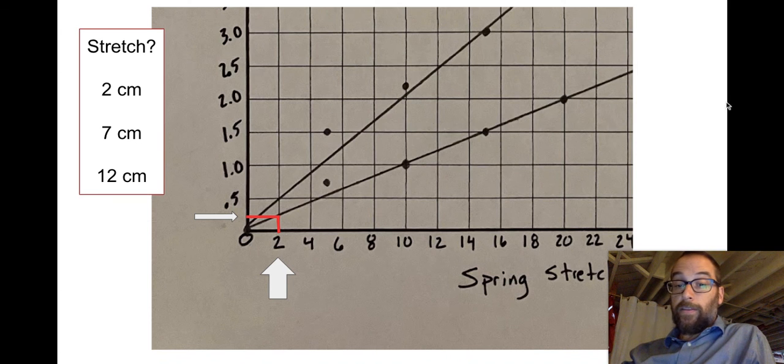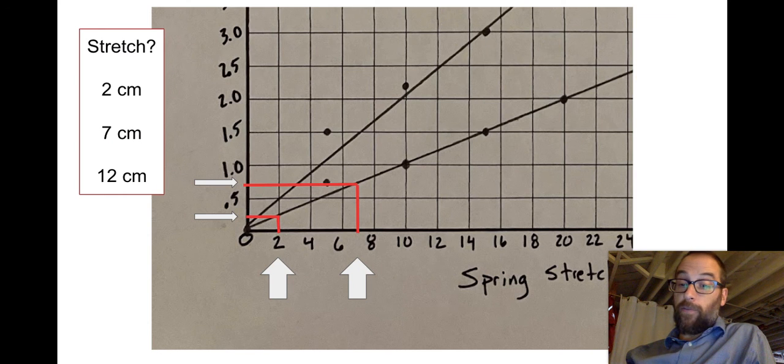All right, same thing is true for the 7 centimeter stretch. Find 7 on the x, go up to the line, go left over to the y-axis. Where you hit the y-axis, that's the force you want. Okay, and in this case, again, we're right in between 0.5 and 1.